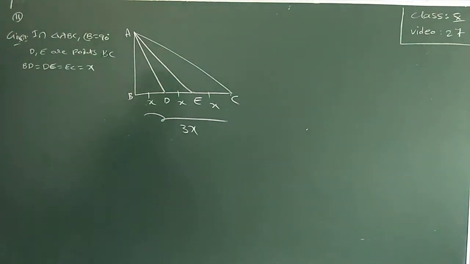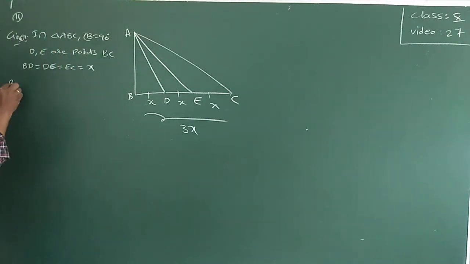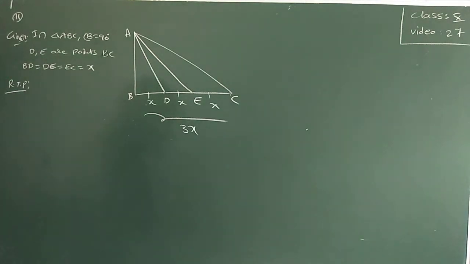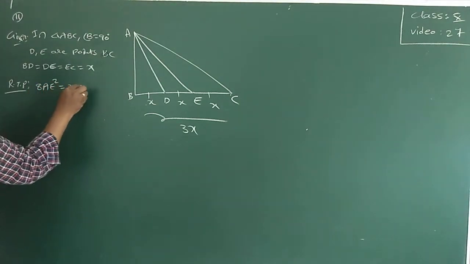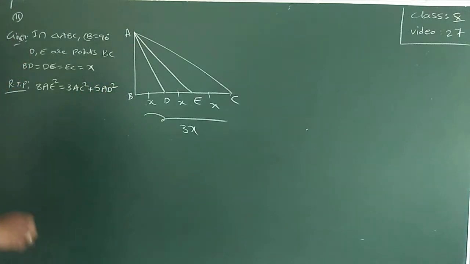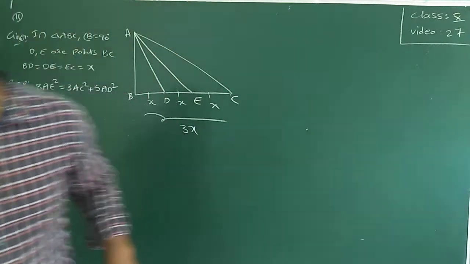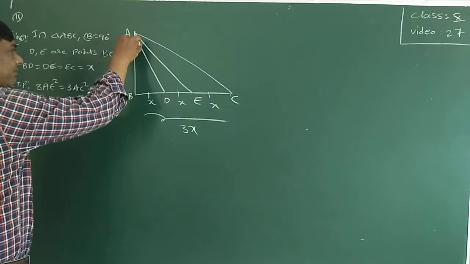Three parts, trisection means three equal parts. Now what is required to prove is 8AE square is equal to 3AC square plus 5AD square. I have to prove it. As per my requirement, I need 8AE square.